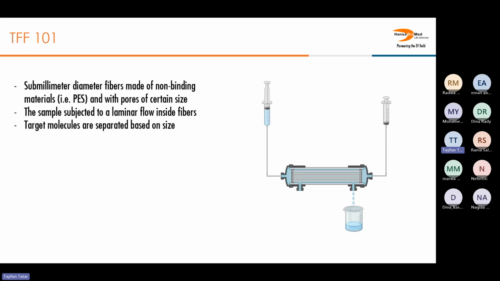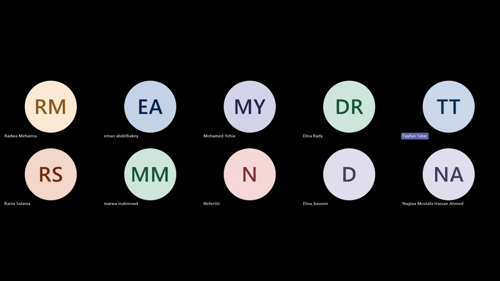So you inject your sample within this syringe, you connect this syringe to one end, and then you connect another syringe to the other end. Then you basically start filtrating back and forth. Actually, just a second, maybe I can find this YouTube video quickly so you can understand even better.